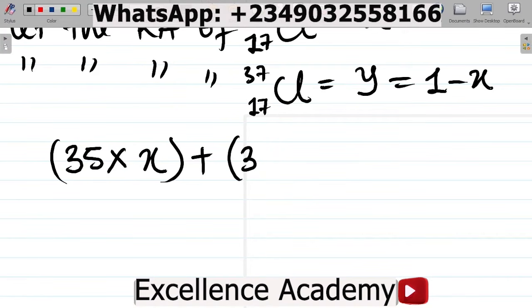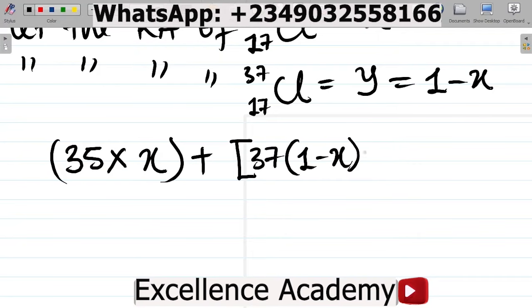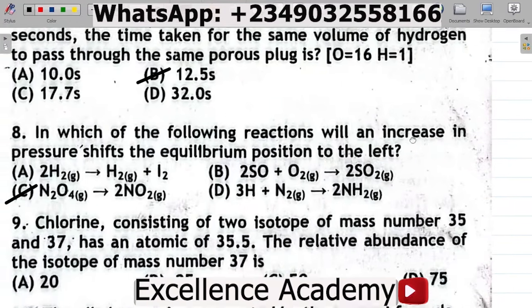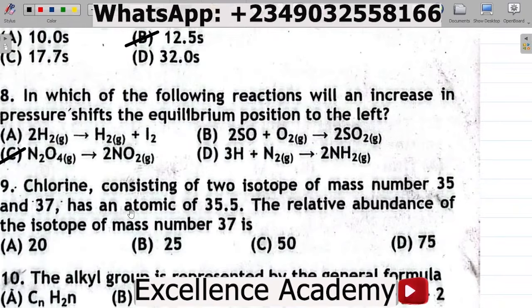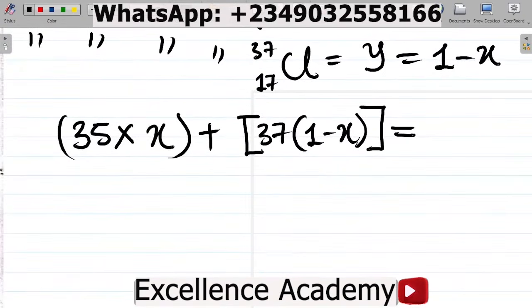In science, you use square brackets first: square bracket 37 multiplied by Y, which is 1 minus X. This should be equal to the relative atomic mass, which is given here as 35.5.